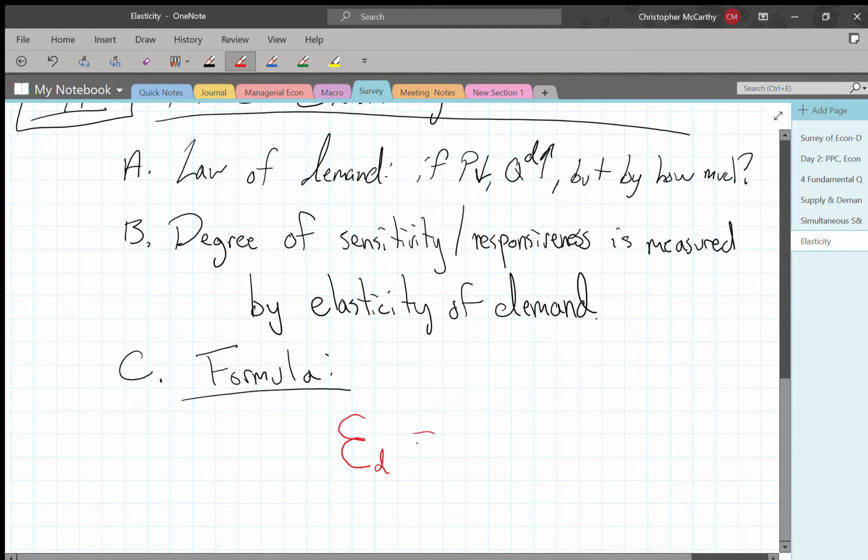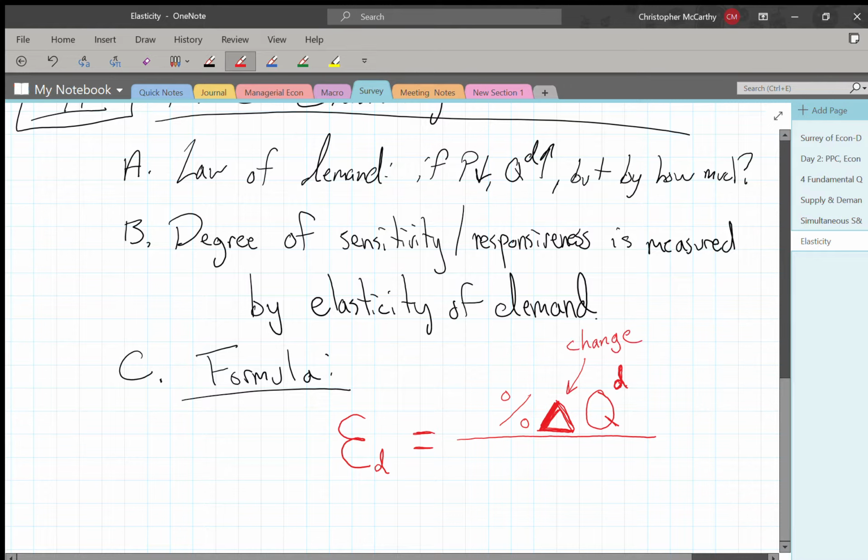And the formula for this is we're always going to have a numerator and a denominator. One thing to keep in mind is that the thing on the numerator is always the quantity, so the percentage change in the quantity demanded. The thing on the denominator is going to change as we get to other types of elasticities. This delta here means change.